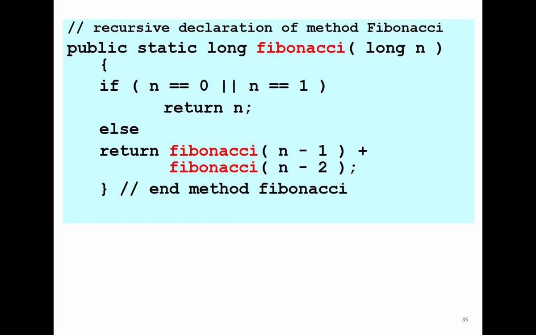In this case, we're going to do a recursive call for Fibonacci n minus 1 and also for n minus 2. So we keep calculating the Fibonacci number by doing two recursive calls each time. Once we reach n equal to 0, we're going to stop, or n equal to 1, we're going to stop.